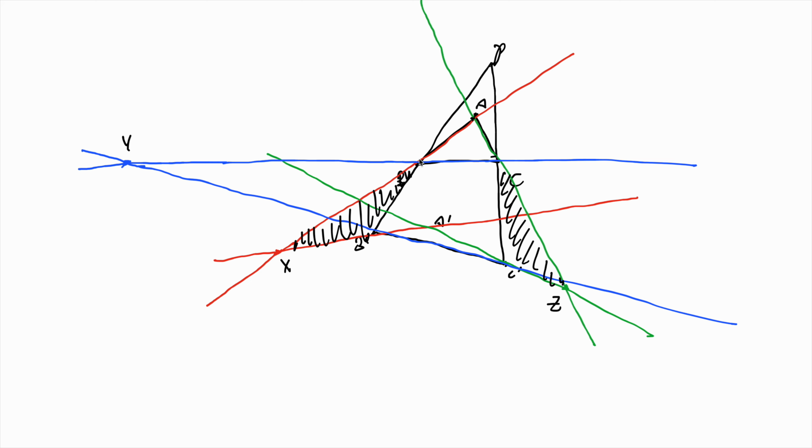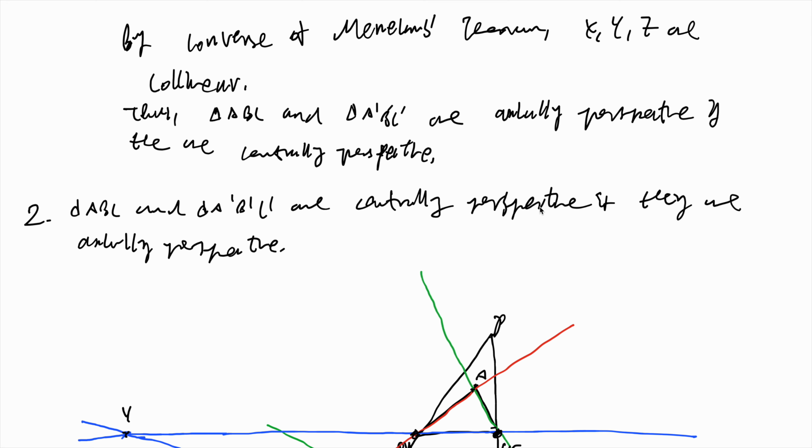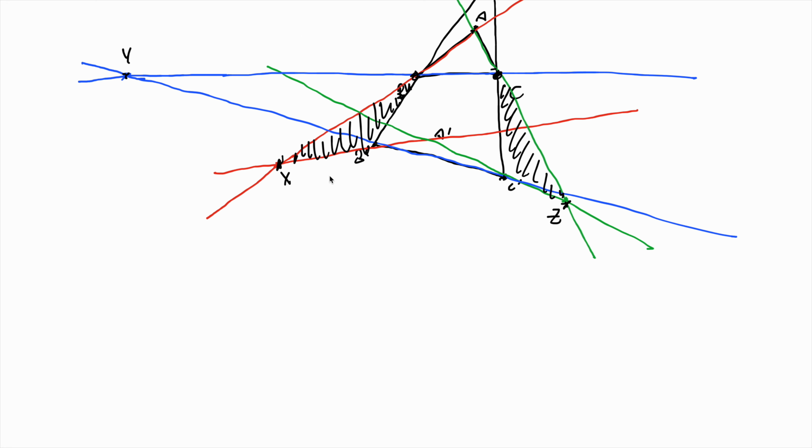We know that if we draw a line that connects B and C, they meet at Y. These two, they indeed meet at Y. I mean, it doesn't look like it, but it is because we assume that they are already axially perspective.